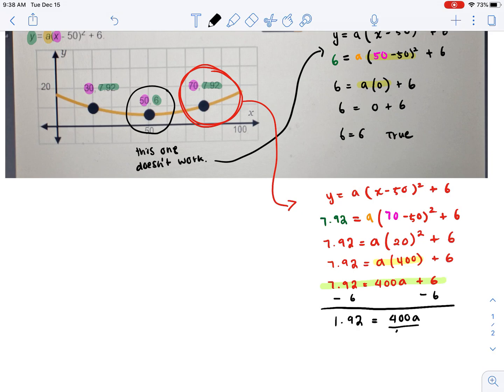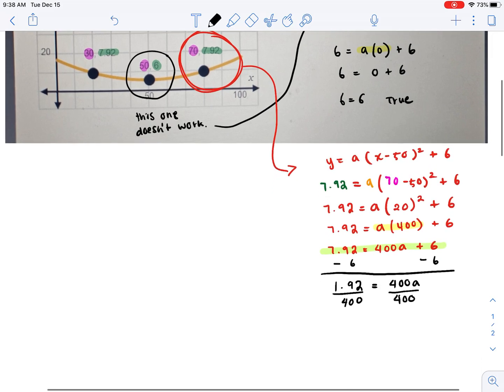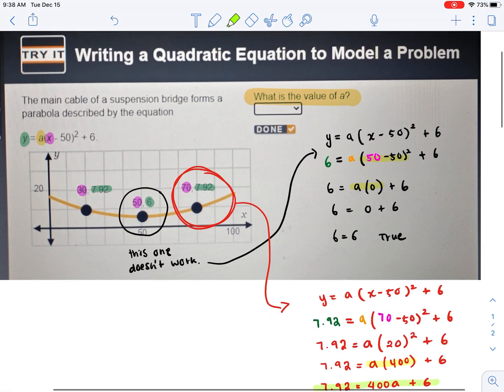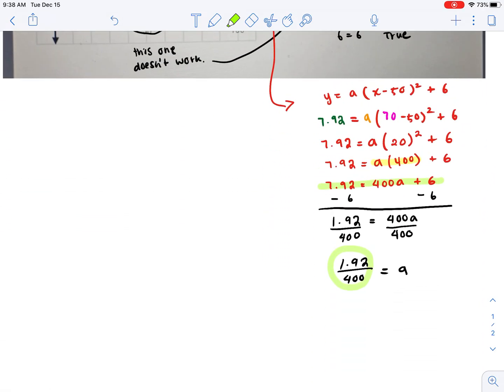So I'm going to divide both sides by 400. Then I have 1.92 divided by 400 is equal to a. This could be an answer choice. I don't see the drop-down menu for a right now, but let's simplify it all the way. If you grab a calculator, I got 0.0048 as the answer for a.